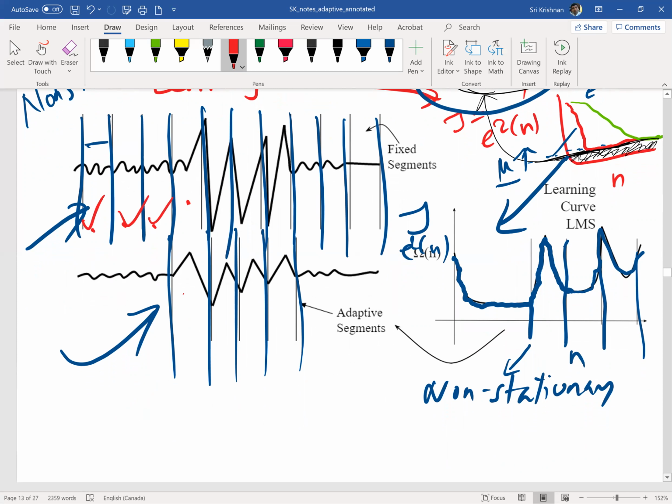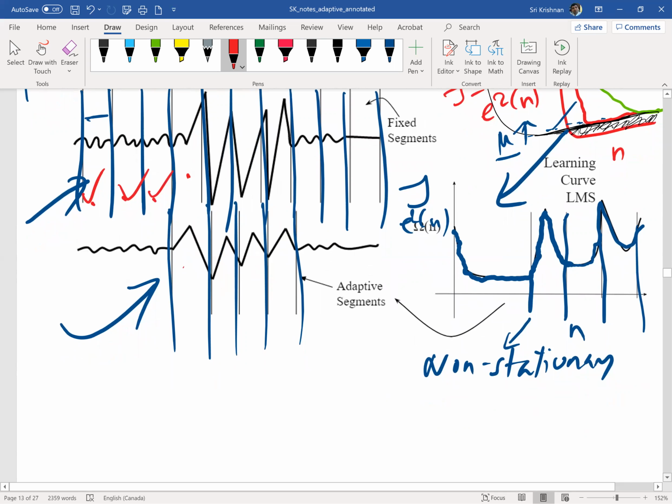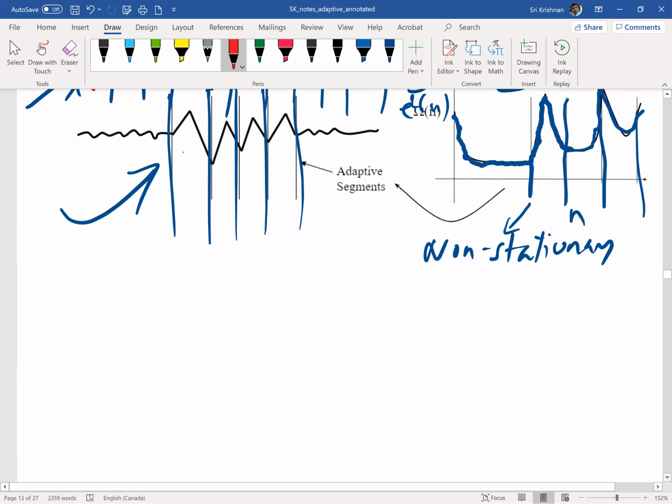They don't change every second, or they don't change every minute. Some might change on an hourly basis. Most of them change on a daily basis. So it becomes so important what kind of segmentation process we need to use, and this adaptive segmentation comes in so handy.